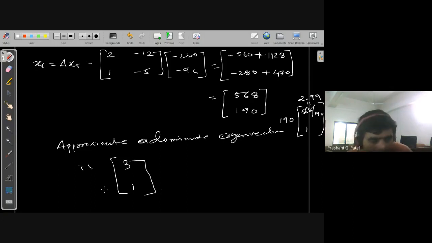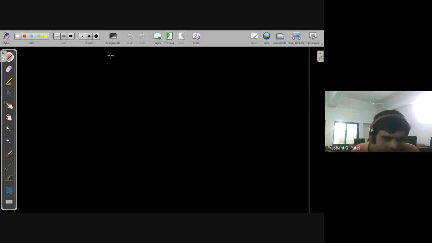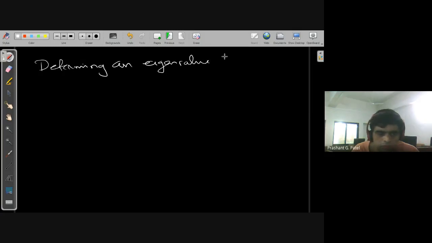Now once we have the dominant eigenvector, we need to calculate the dominant eigenvalue. So we'll have one result to determine an eigenvalue from an eigenvector.